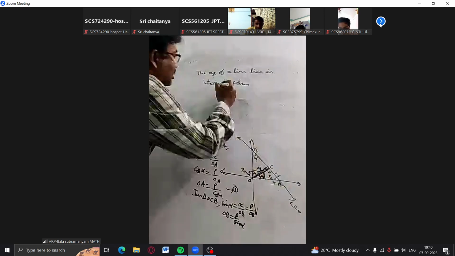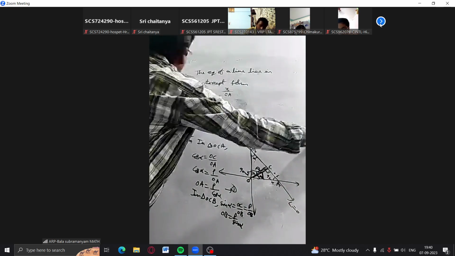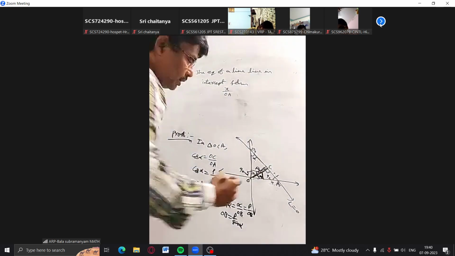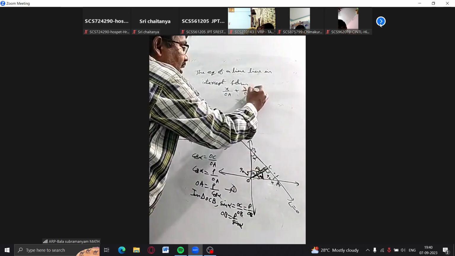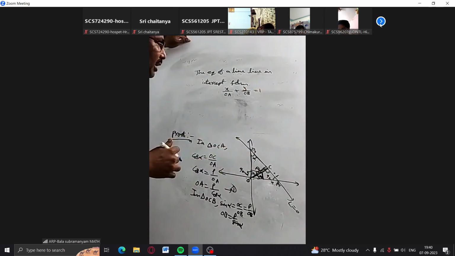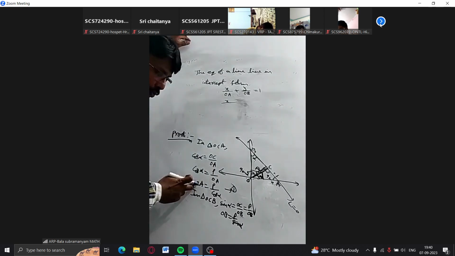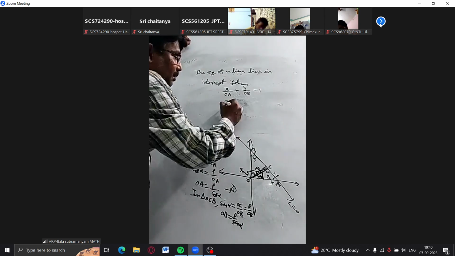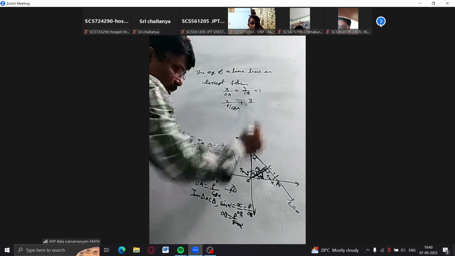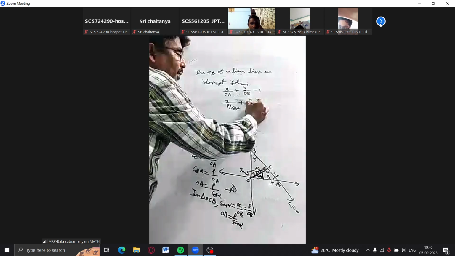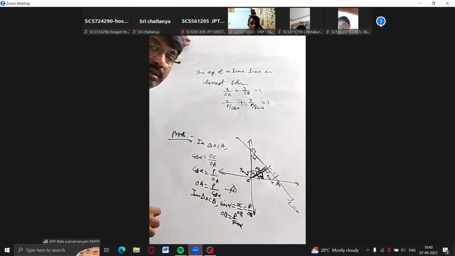From the diagram, x-intercept is OA and y-intercept is OB. OA value is P by cos alpha, so P by cos alpha plus y by OB, P by sin alpha, is equal to 1.